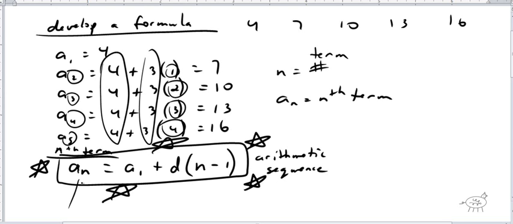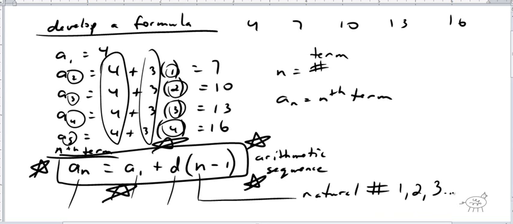Again, we have all our terms here. That's the nth term, that's the first term, that's the common difference, and that is the number of terms. By the way, n, the number of terms, is always going to be a natural number. Natural number means not including 0: 1, 2, 3. So it's integers starting from 1. Because think about it, you can't have the negative 5th term, or the 0th term.